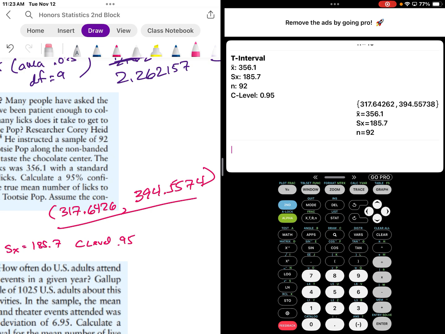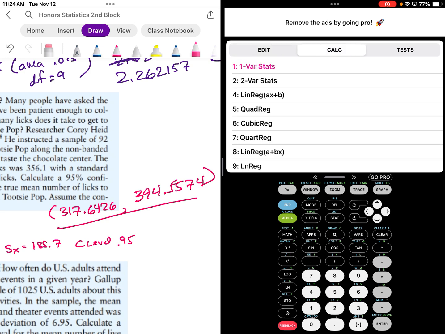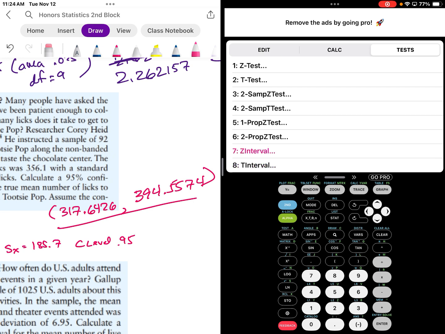Okay? When we're doing proportions, we do Z. When we're doing means, we do T. I don't know if you notice that there's a Z for the intervals. Notice how there's a Z test. There's a Z interval.